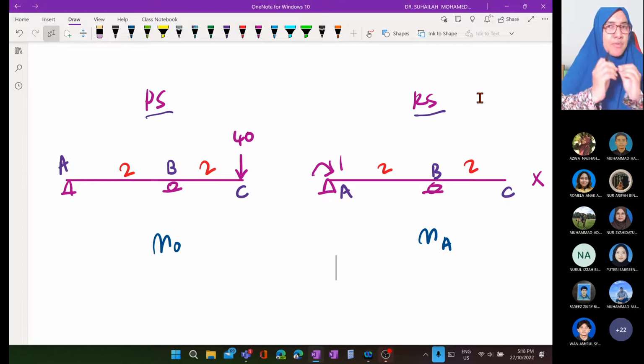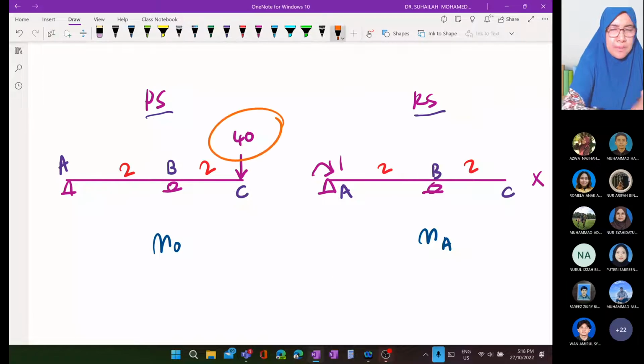The primary beam and the redundant beam are both the same except the loading. The primary system is a determinate beam subjected to external loading. The redundant beam is the same beam subjected to a unit moment, because the redundant is a moment.